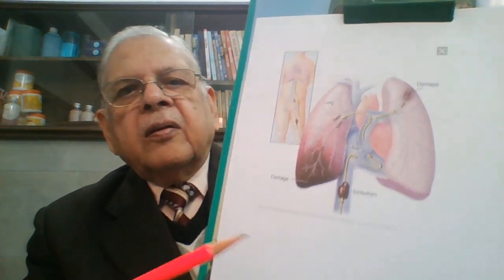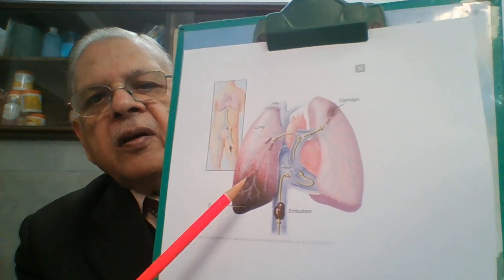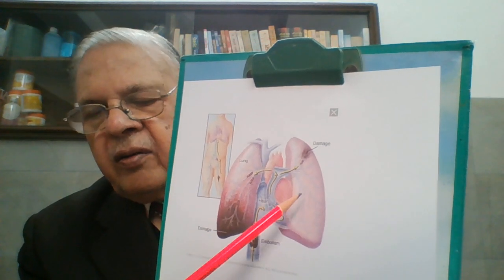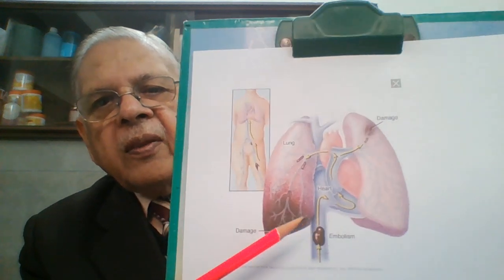Now, you need to see a few diagrams to understand what I am talking of, embolism. See this diagram. This is the right lung, this is the left lung, and in between the two lies the heart.